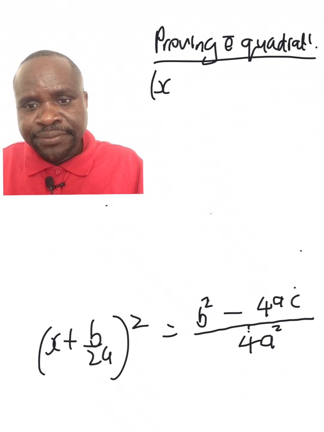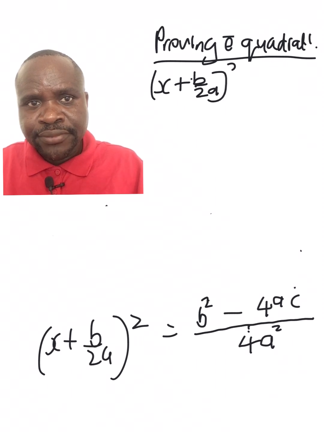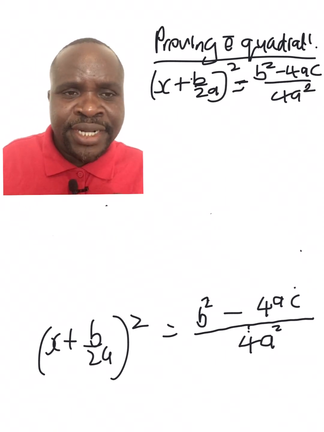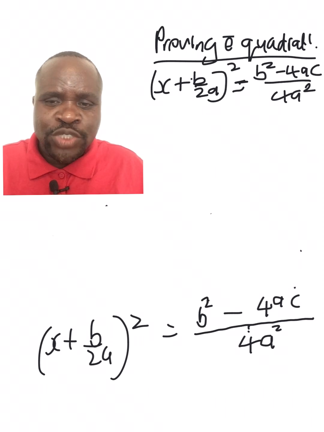It's x plus b over 2a squared is equals to b squared minus 4ac all over 4a squared.